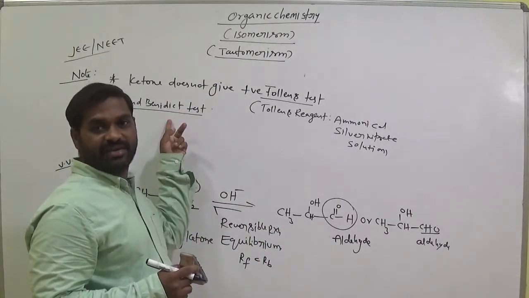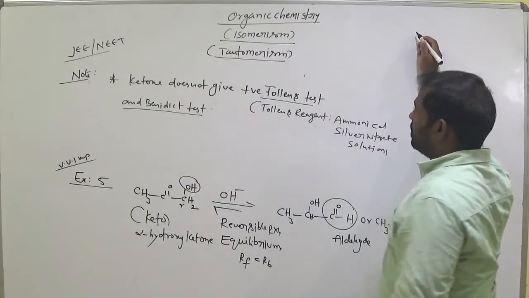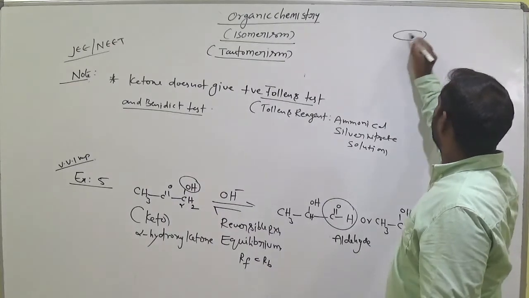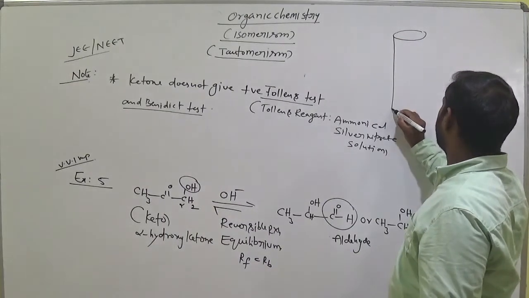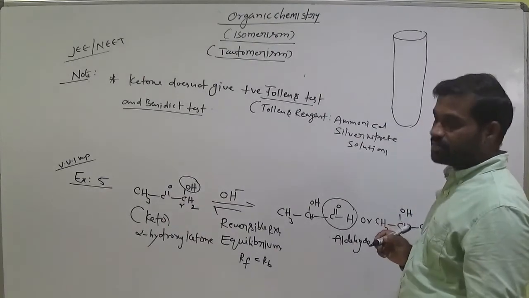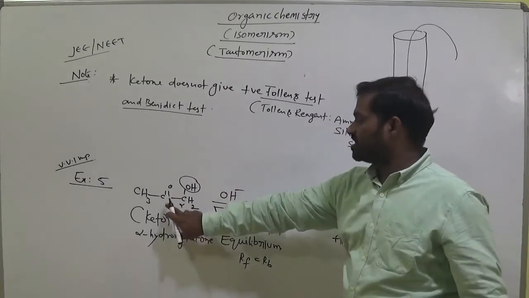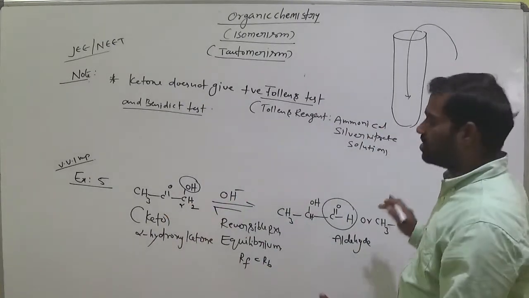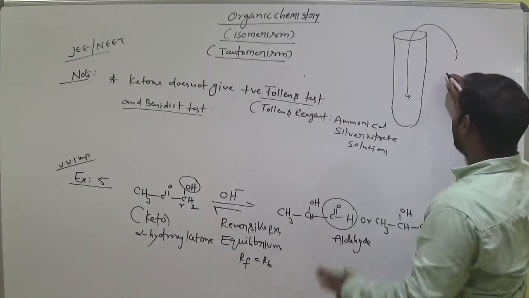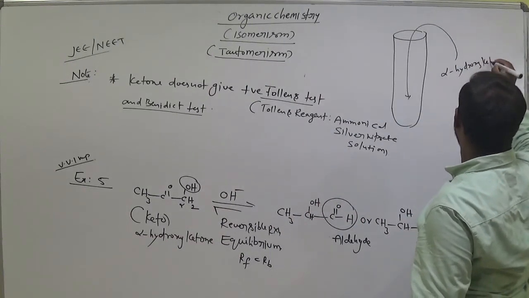So now I would like to take one test tube here in the lab. In the practical lab we have test tubes. This is the test tube. Now we add this alpha hydroxy ketone. This is the ketone, whatever the ketone. Here we add the alpha hydroxy ketone.